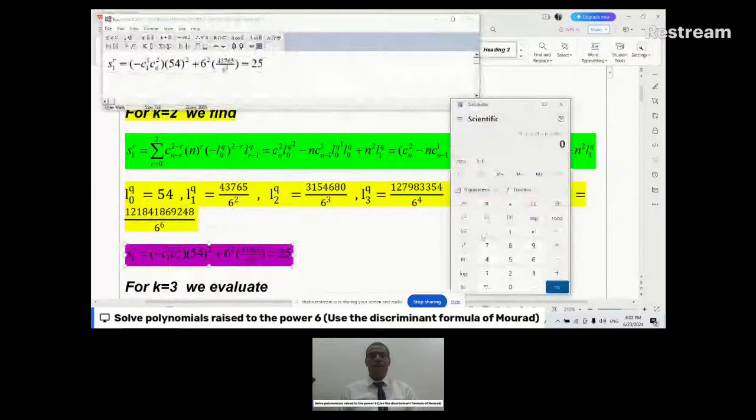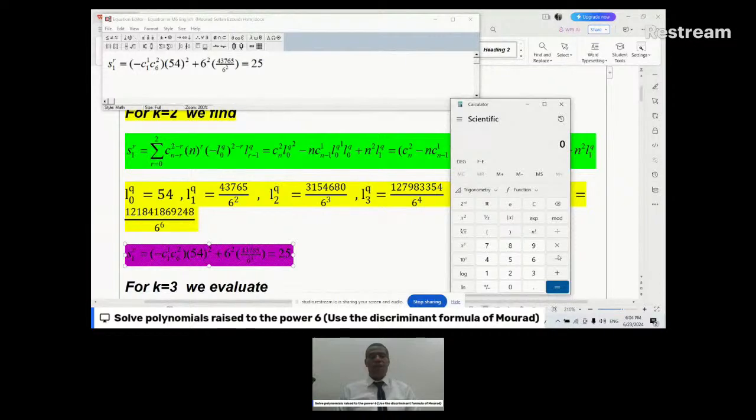S1 of order r, learners, is equal to, you can see, combination 1 choose 1 is 1, no need to write it, but you should take into consideration the negative sign. Then combination 6 choose 2 will be 6 factorial divided by 2 factorial divided by 4 factorial. 6 times 5, 30, divided by 2 is 15.